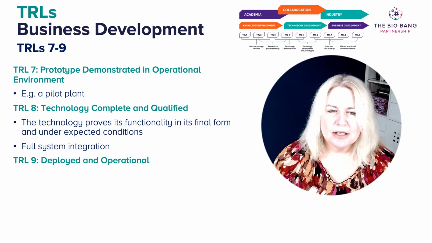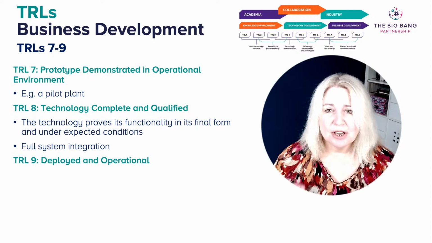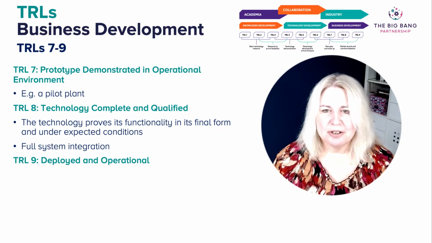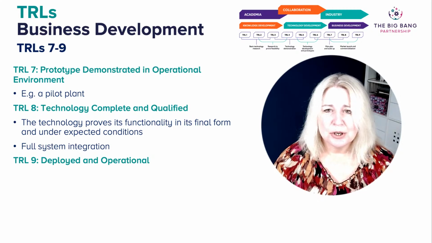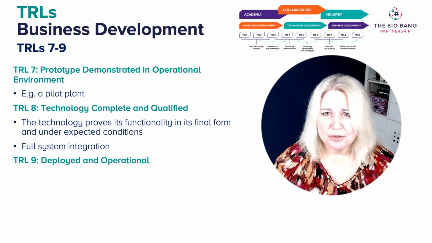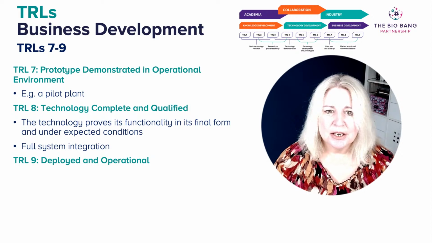So now we're moving into the business development or the operationalisation of technology readiness. So TRL level 7 is creating a prototype and showing it work in an operational environment. So that might be creating a pilot plant, or making a small batch of something and testing it.